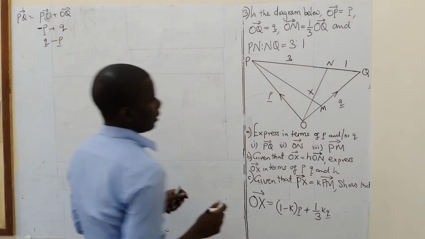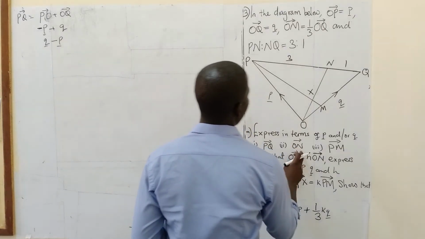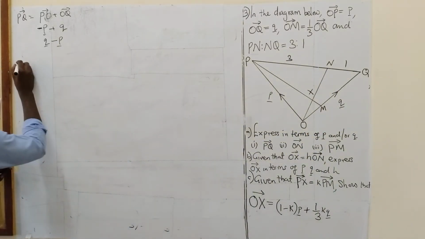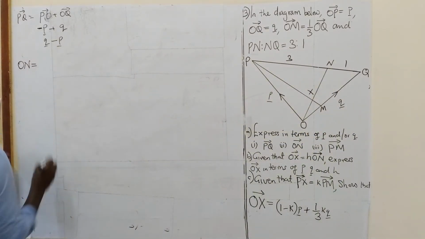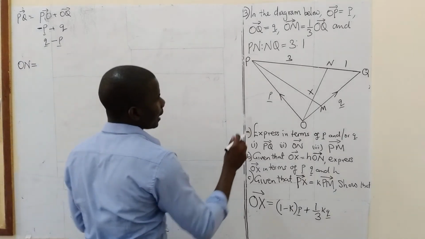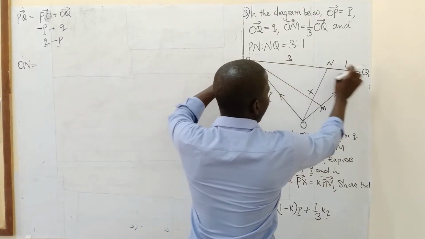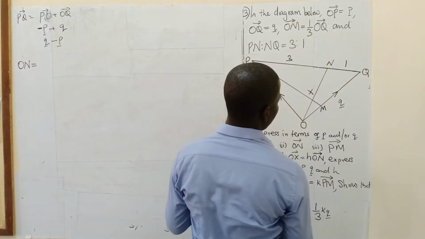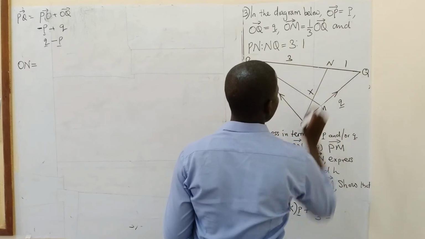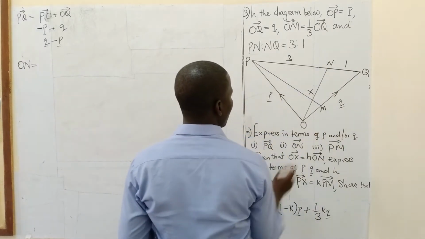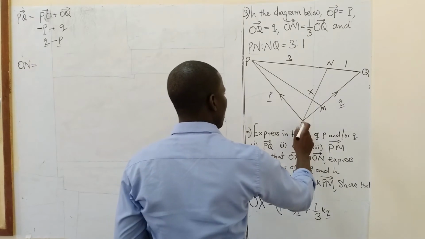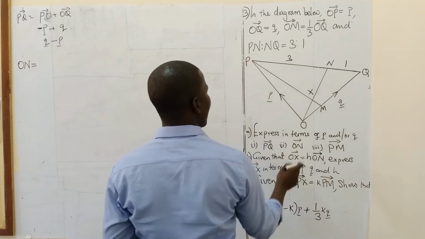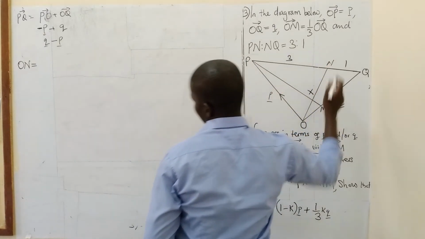Okay? Then ON. So ON, when you look at from this point up to this one, the whole thing is what? 3 plus 4. So since we want ON, ON is going to be what? OP plus PN.